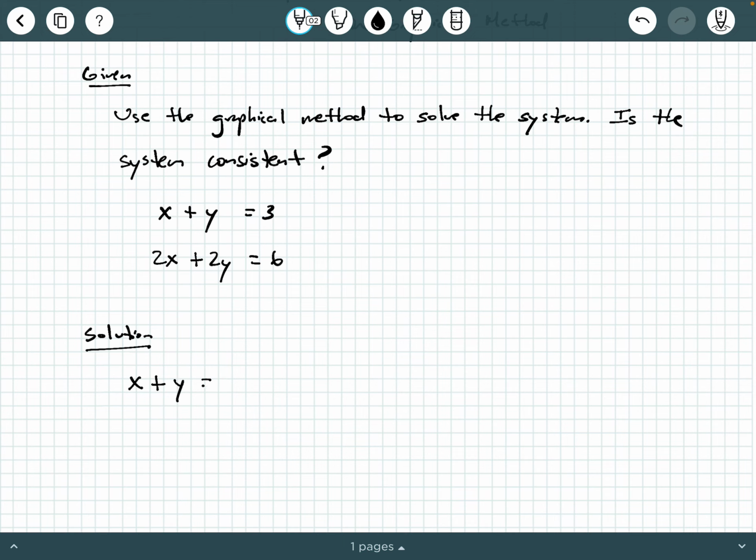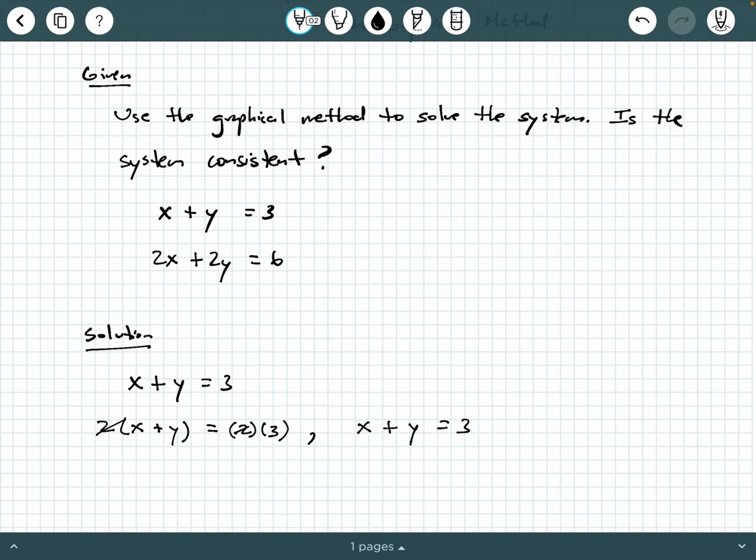We have x plus y equals 3. Now equation 2, I can factor out a 2 from both sides of this equation, and I end up with 2 times the quantity x plus y equals, of course, 2 times 3. And we see that these 2's cancel. So equation 2 becomes x plus y equals 3.